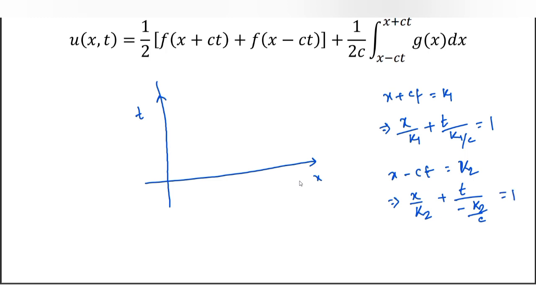This can be written as (k1, 0) and this can be written as (0, k1 by c).